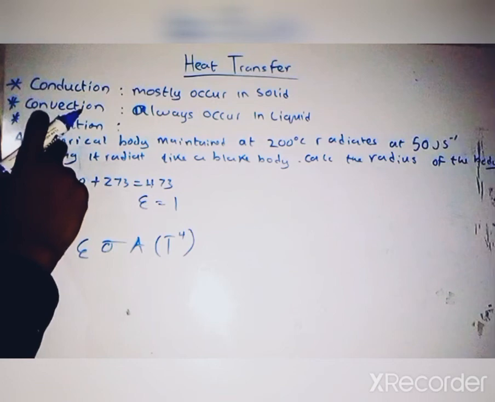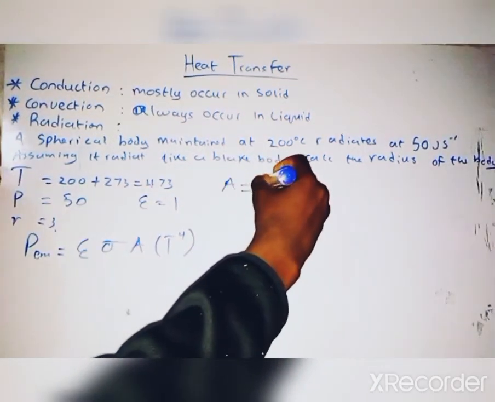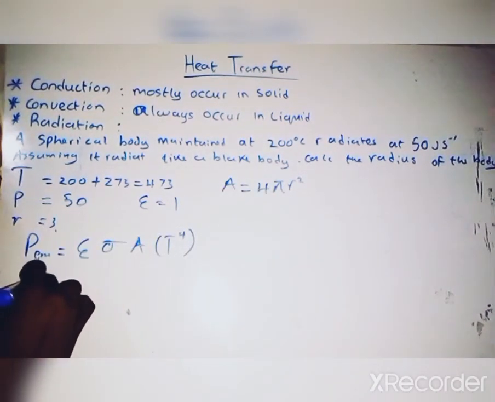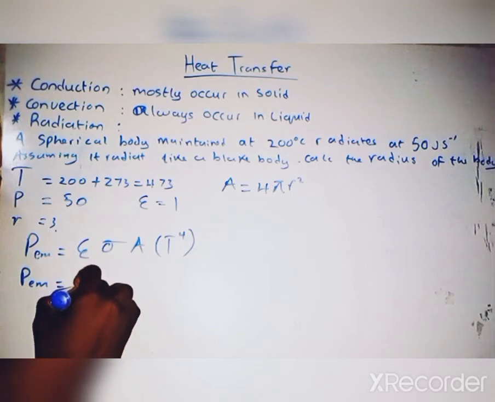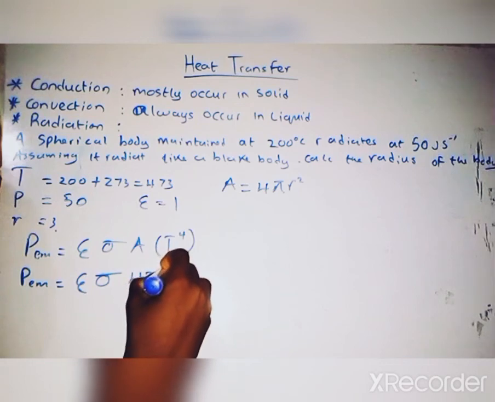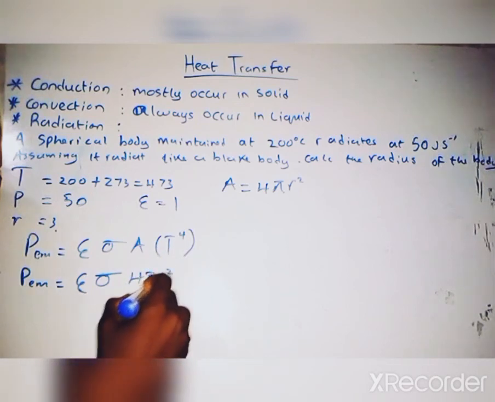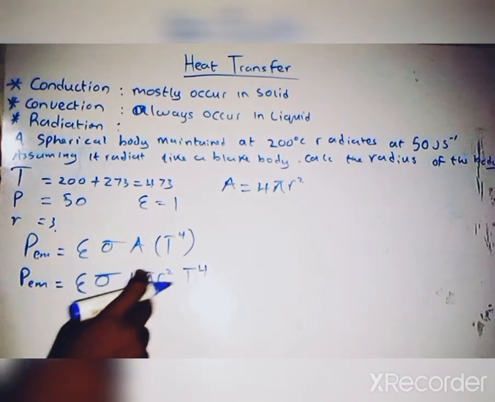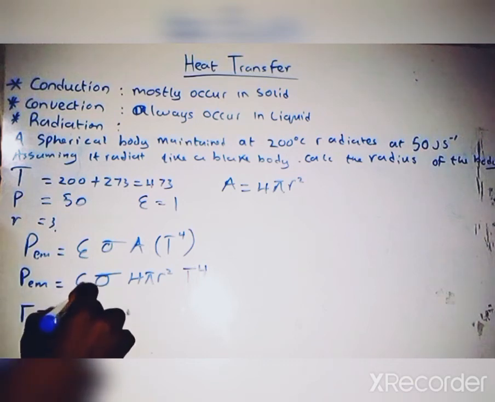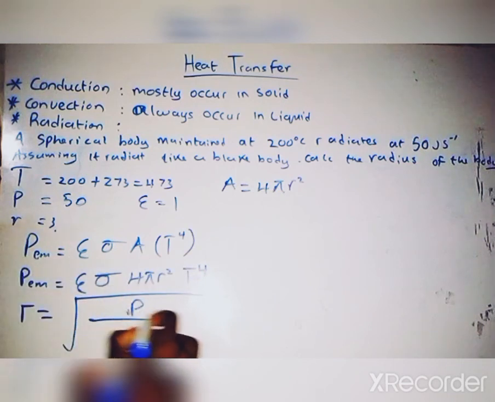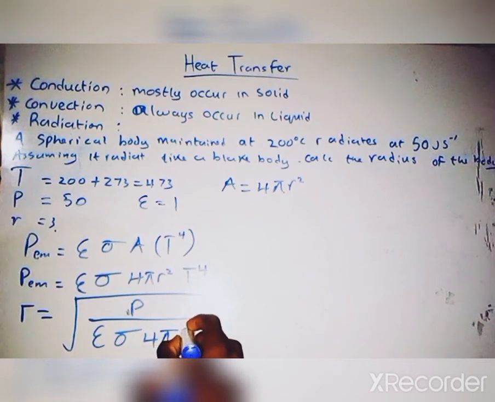Now our area, know that the area of a sphere is 4 pi r squared. Inserting that here, our P emitted is sigma times 4 pi r squared times T raised to power 4. We are asked to find r, so making r the subject, we have r equals the square root of P divided by sigma times 4 pi times T raised to power 4.